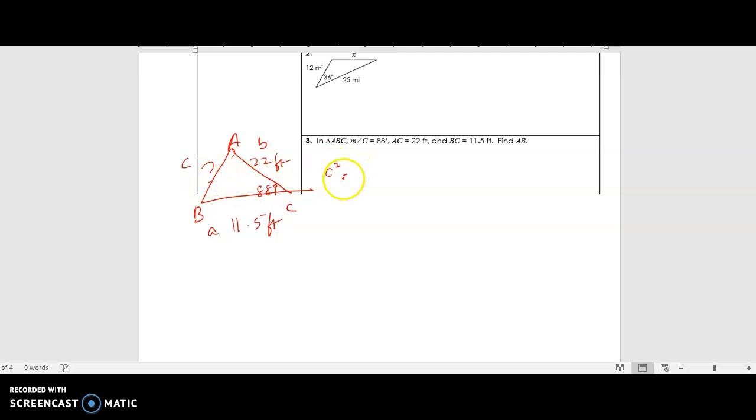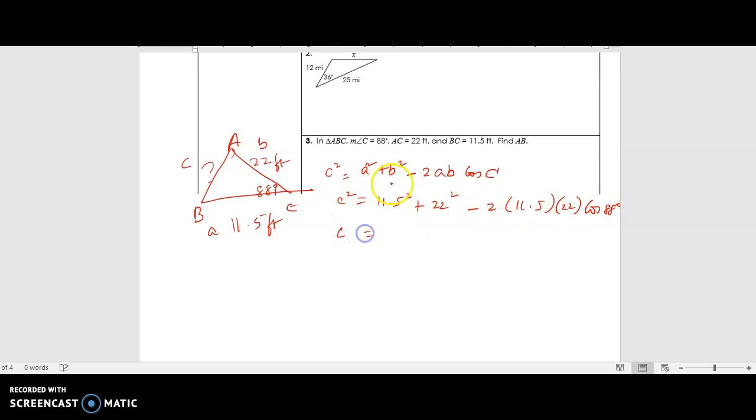So c squared equals a squared plus b squared minus 2 times whatever is here, 2 times ab cosine of angle C. Let's make this uppercase. So c squared is equal to 11.5 squared plus 22 squared minus 2 times 11.5 times 22 cosine of 88 degrees.